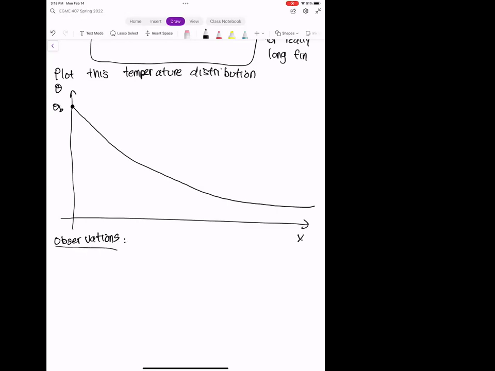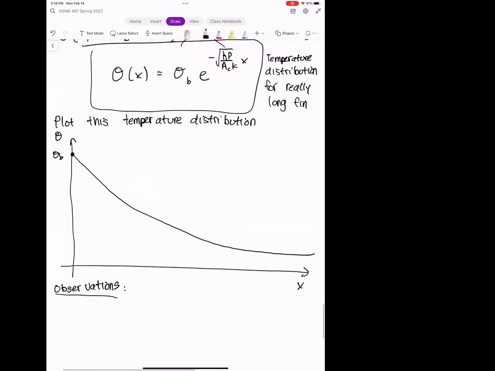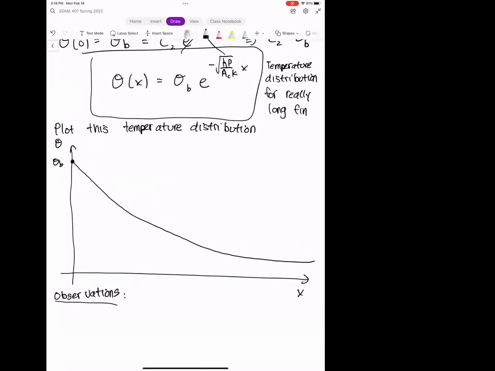I always love these parts of the class because we get a result like this that looks kind of deceptively simple, just a simple decaying exponential, but there are physical reasons why we have it like this. Looking visually at a result like this and giving physical explanations as to why we're getting this result is part of the reason why analytical work like this is really cool.